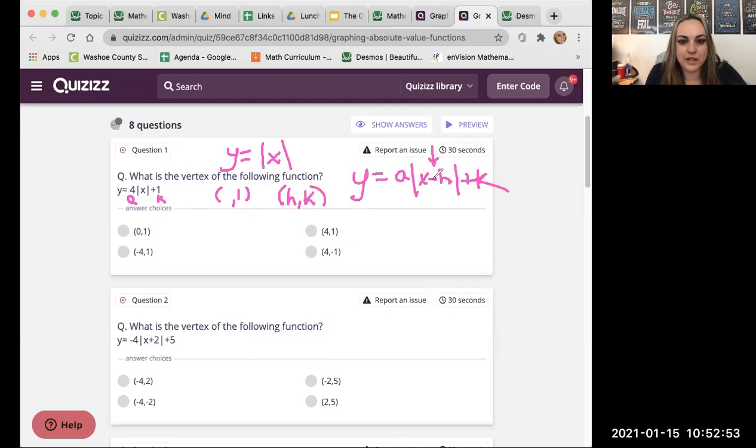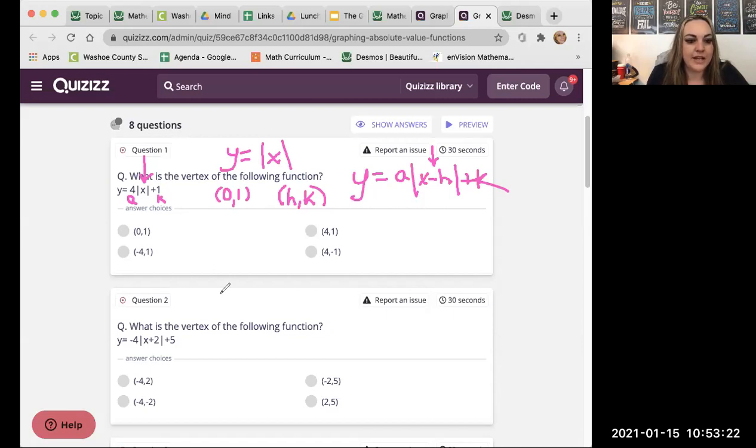So it's supposed to be a negative in here when h is positive. So there's no minus h in here with the absolute value expression. That means it's 0. The only thing it can be is a 0 inside there. So that tells you that the vertex is 0 for the x and 1 for the y.